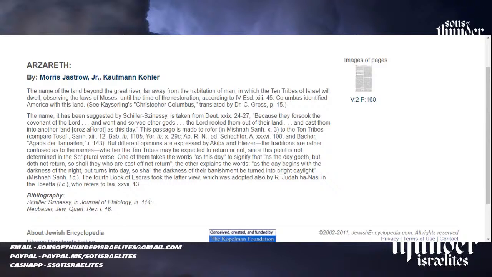And they have his notes in a book by Kayserling, right? Called Christopher Columbus. And on page 15 of that book, you can read exactly what we just read, right? The name, it has been struggled with. The name is taken from Deuteronomy, it looked like 25, 26, and 24 to 27.